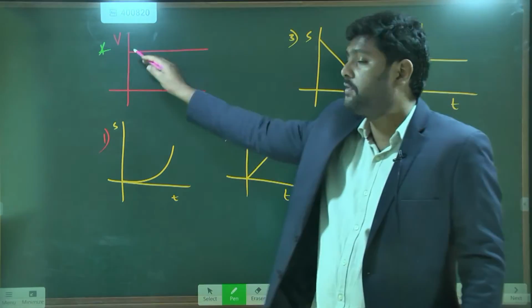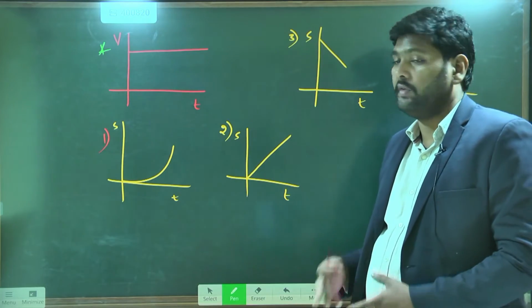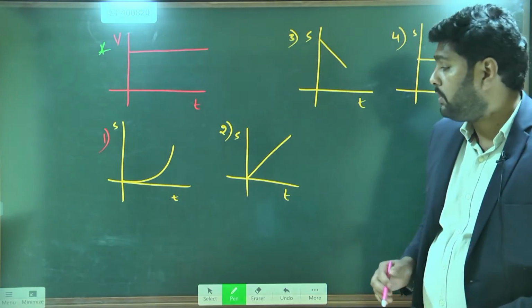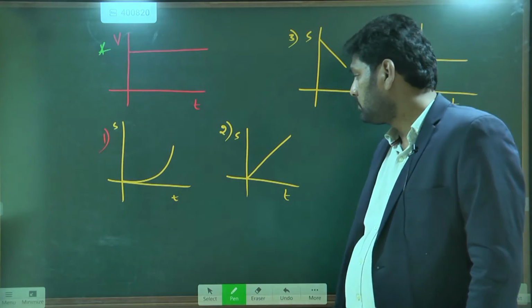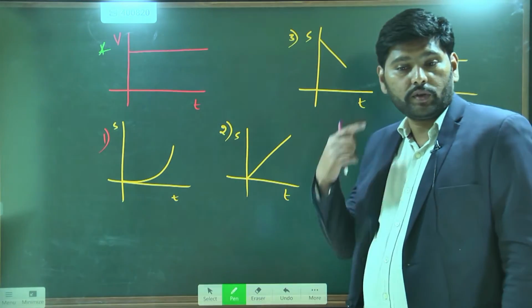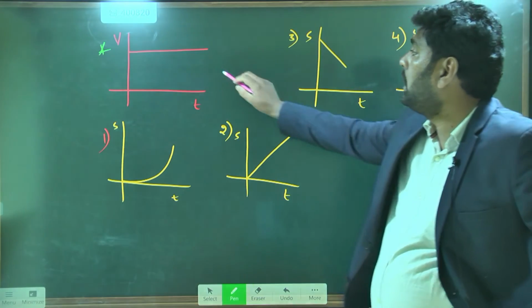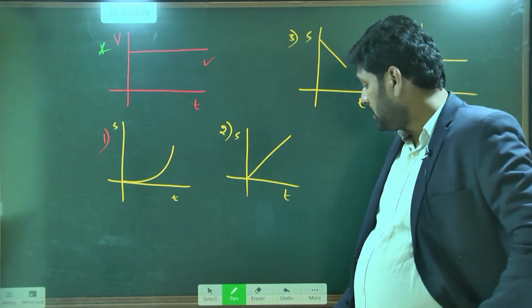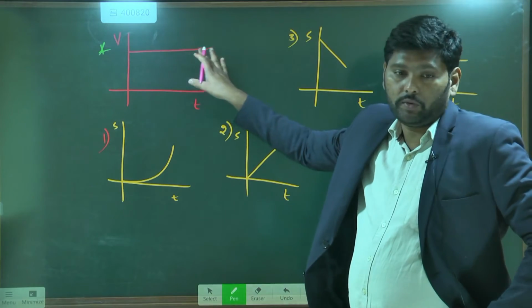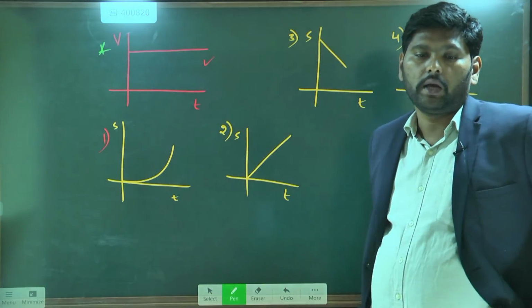So this is the speed versus time graph. The same graph, how do you represent it? Because it is moving with uniform motion. The graph you mentioned previously represents an object moving with constant speed.